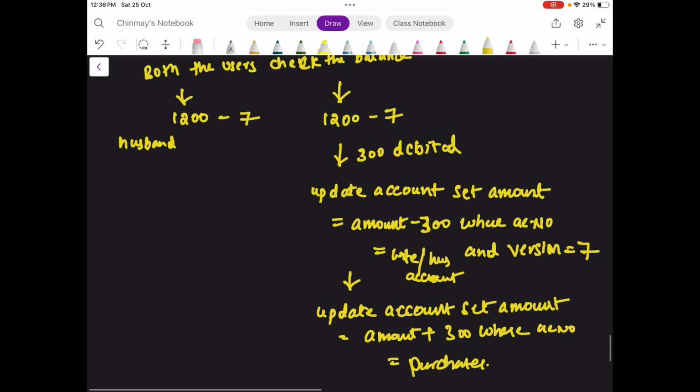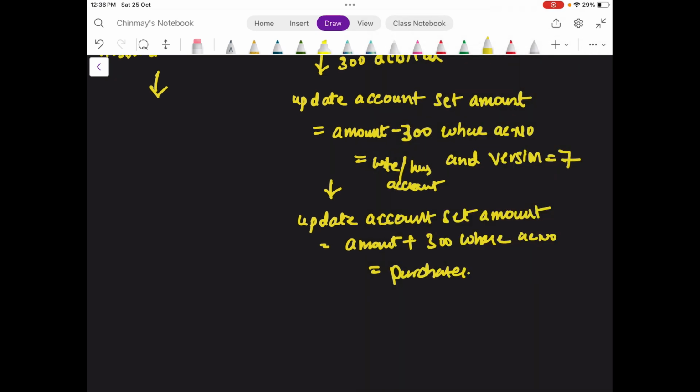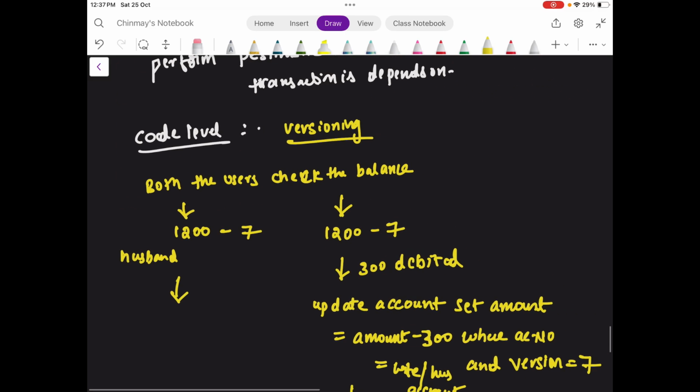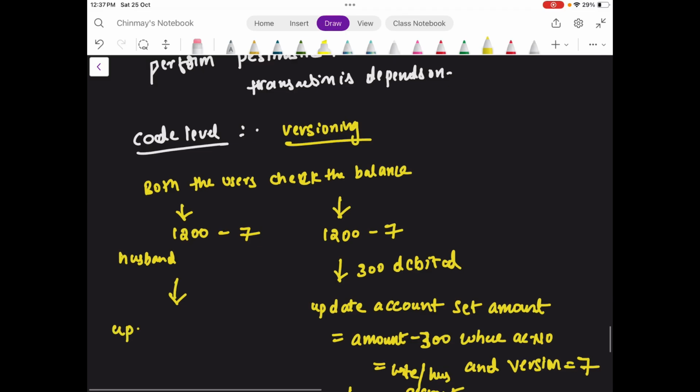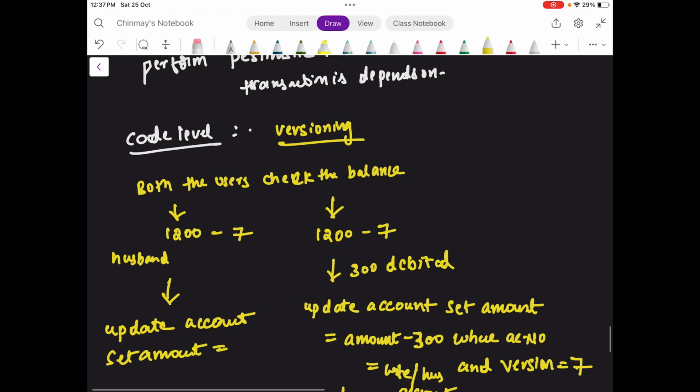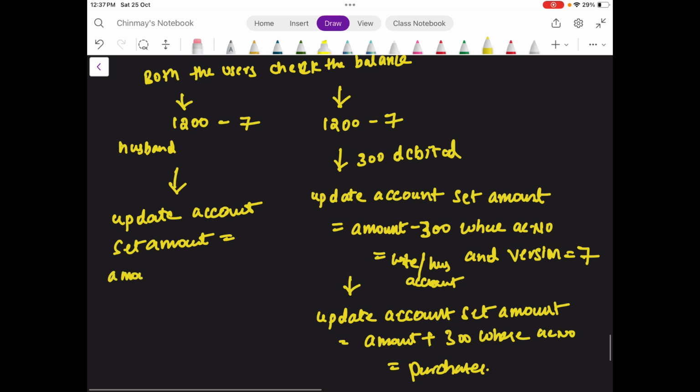Okay, now what is completed? The transaction got completed and committed, while the husband, because of his slow internet connection, now starts the update: update account set amount equal to amount minus 1100, where account number is the wife or husband account number and version is equal to 7.